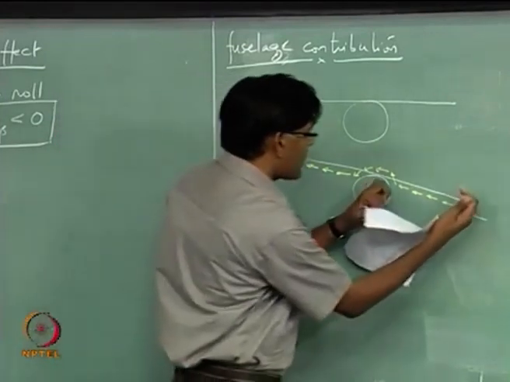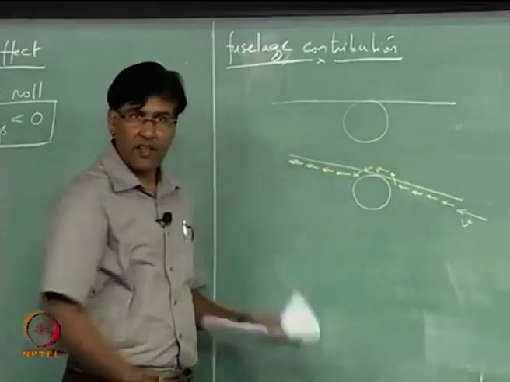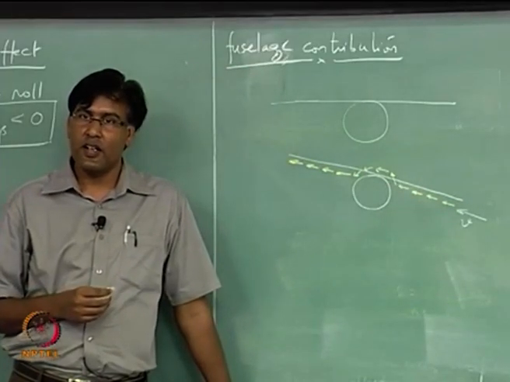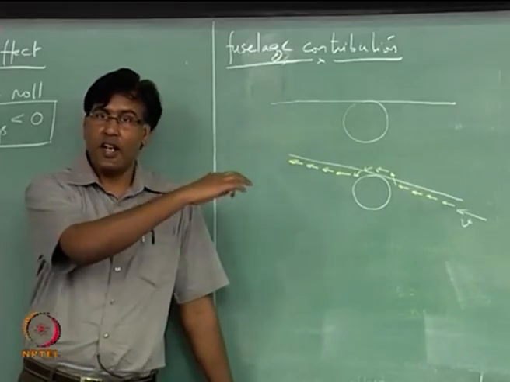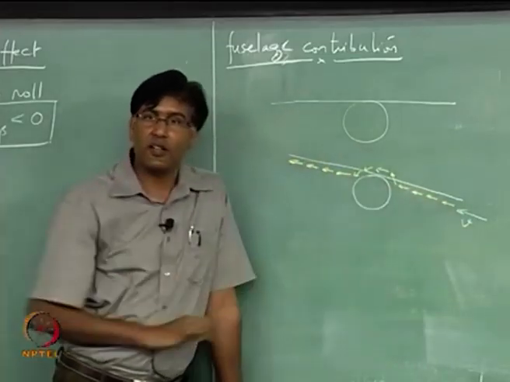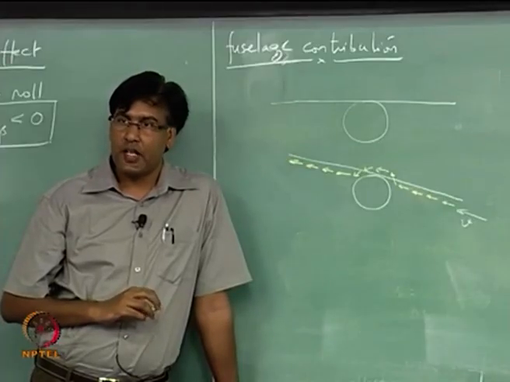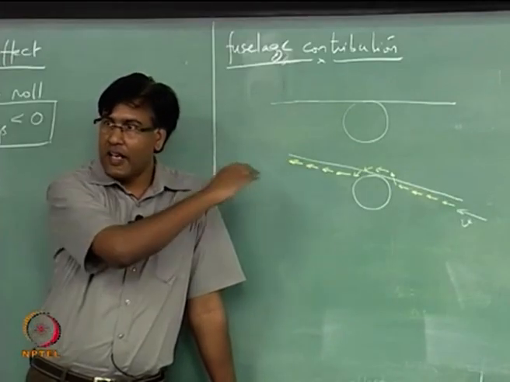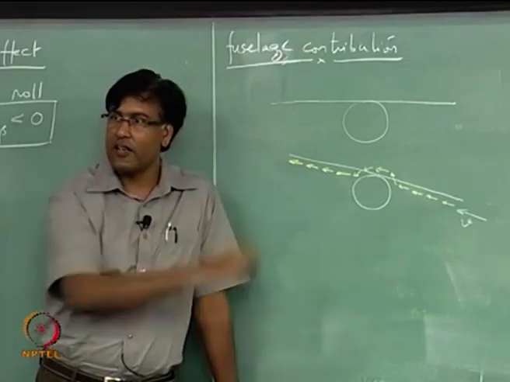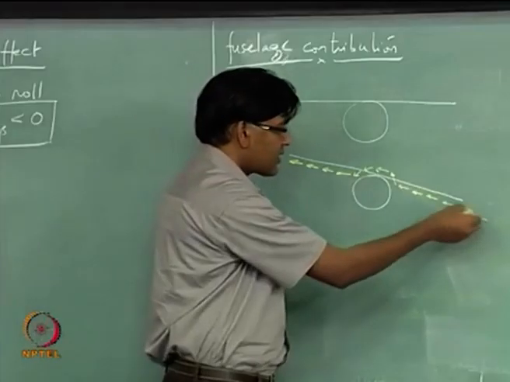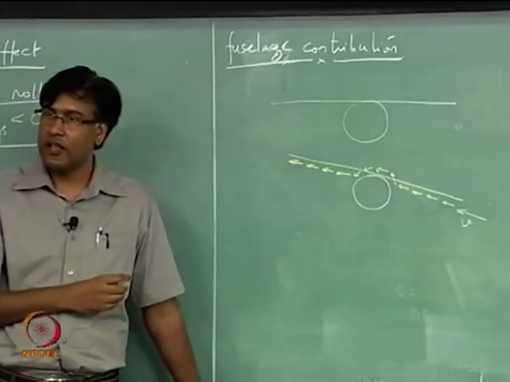Over this part is the same velocity, right, and there is no anhedral, it is a straight wing. Okay. There is no dihedral angle here, it is a straight wing, and now it sees a side component of wind.